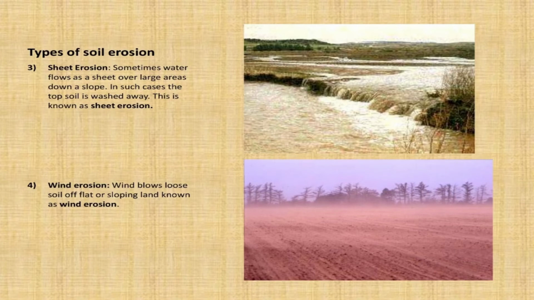In such cases, the topsoil is washed away. This is known as sheet erosion. Next one is wind erosion. Wind blows loose soil off flat or sloping land, known as wind erosion.